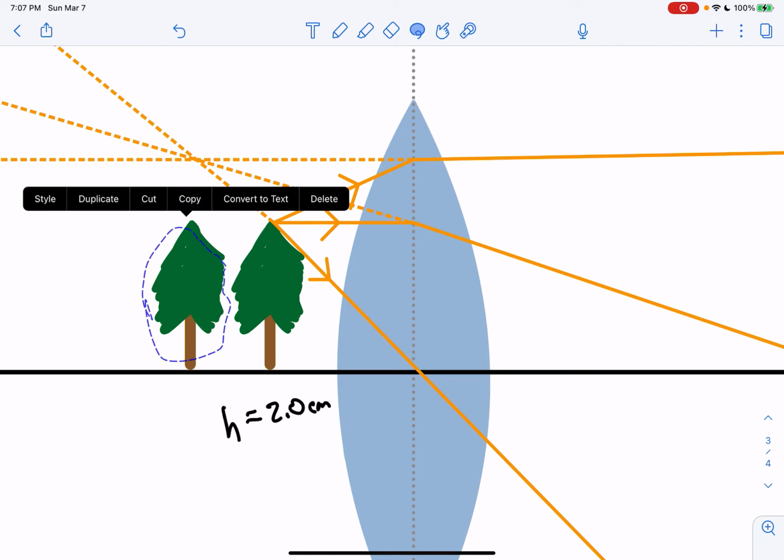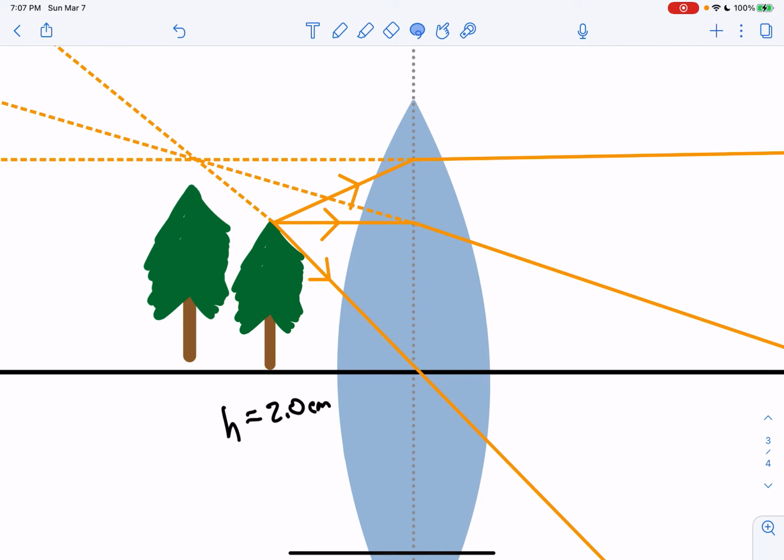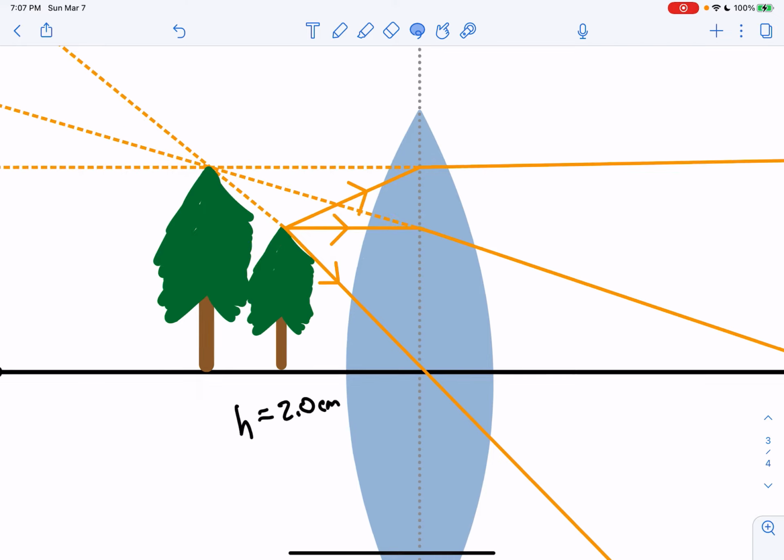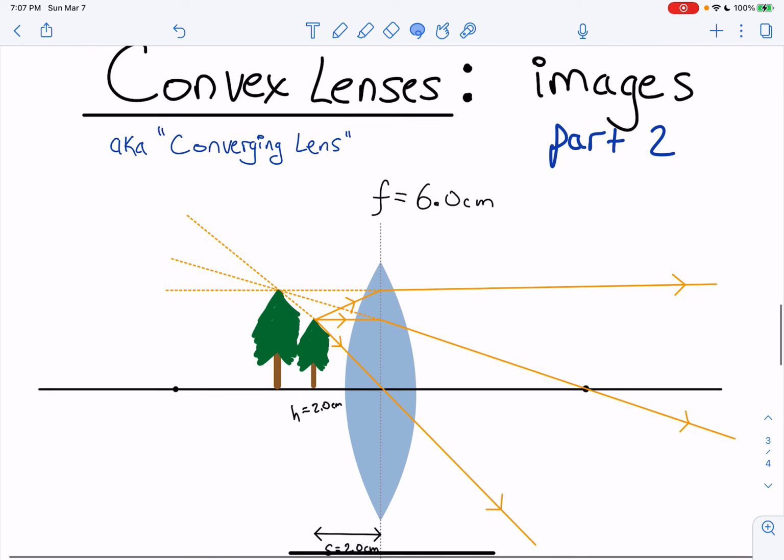We're being told the orientation is the same, upright, and it's going to be bigger. So there's our object. Okay, so we know now what happens when you have an object inside that focal distance.